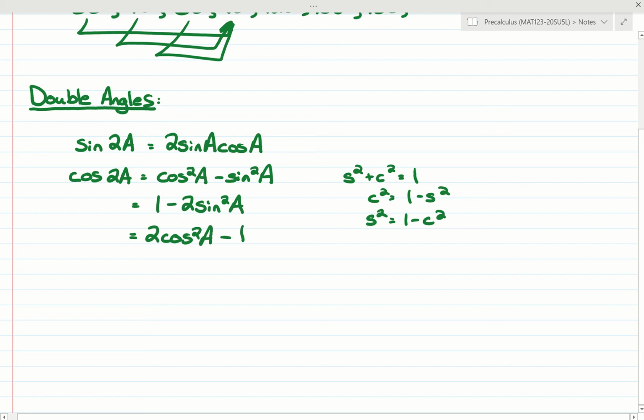So we actually have 3 formulas for the cosine of a double angle, and then the tangent of a double angle would be the formula 2 times the tangent of A divided by 1 minus tangent squared of A.